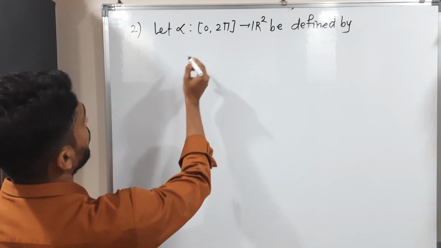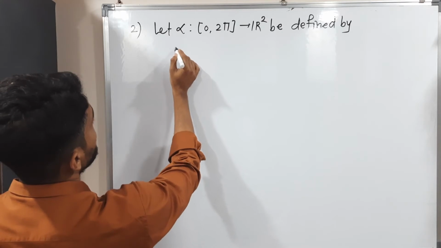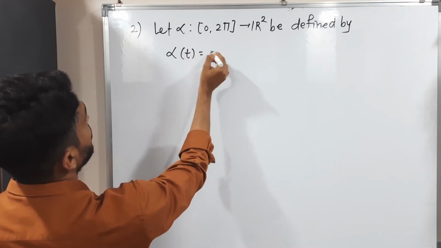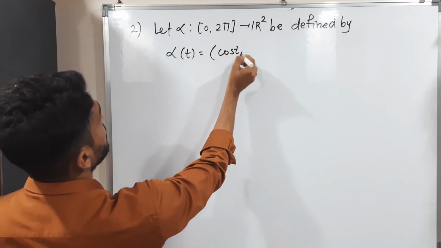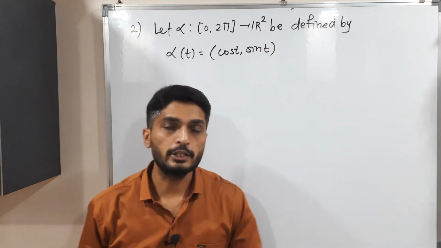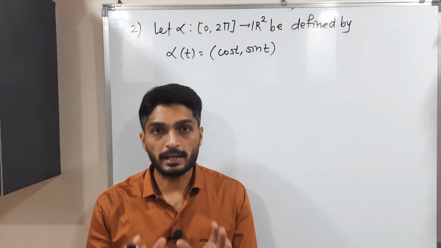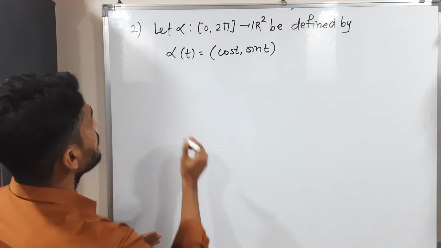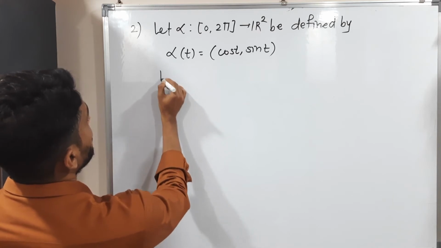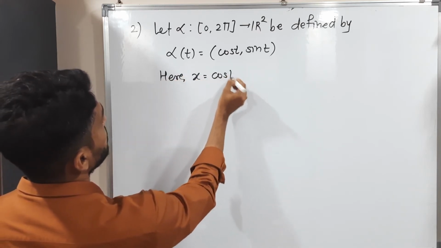See, alpha from closed interval 0 to pi to R2 is defined as alpha of t equal to (cos t, sin t). Clearly this is continuously differentiable, so it's a parameterized curve. Let us find the curve. What is the x coordinate? Cos t.